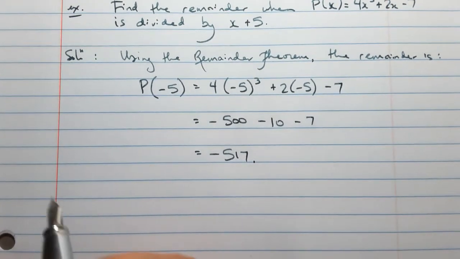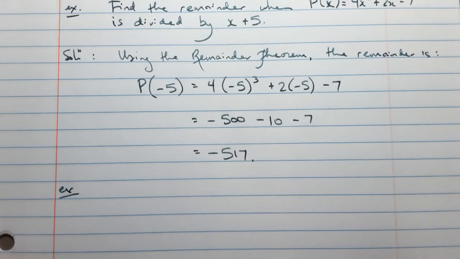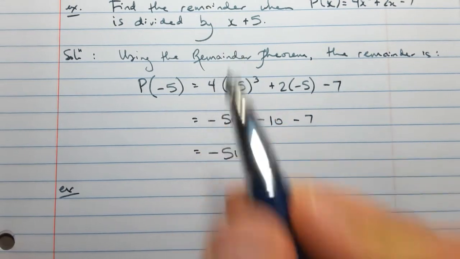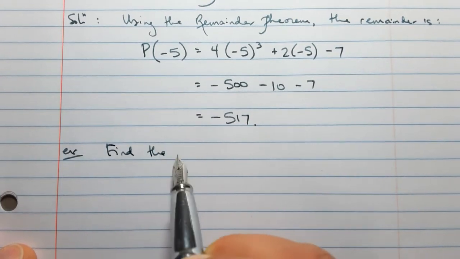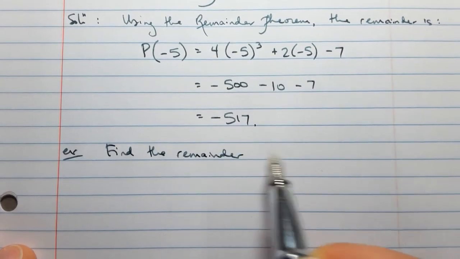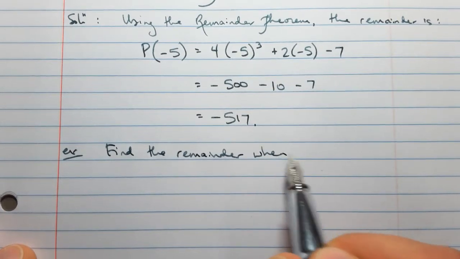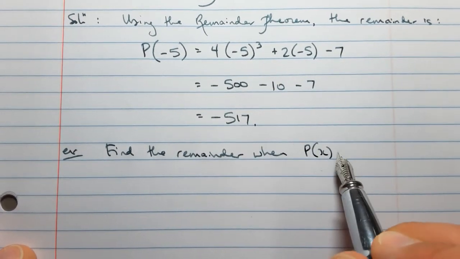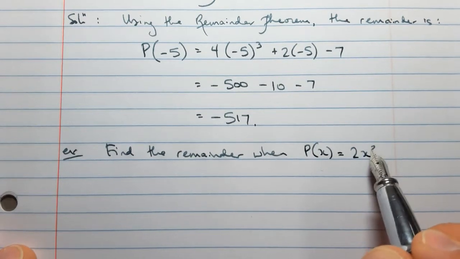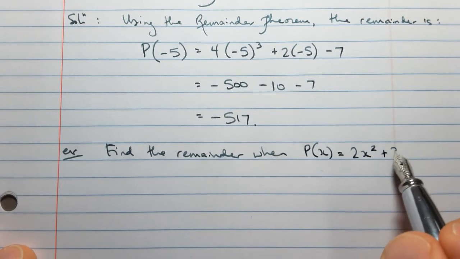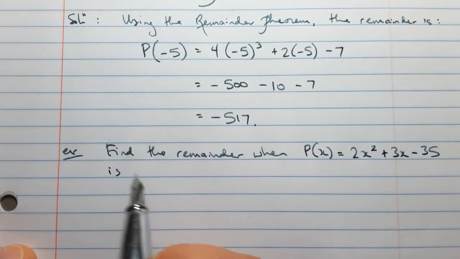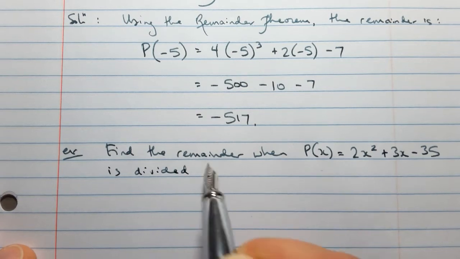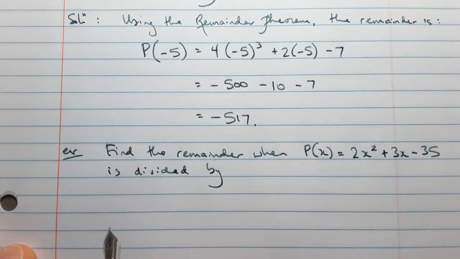Okay, let's do another example. This one where we have a binomial with an a value out front here. So let's find the remainder when, we'll call it p of x again, we'll give it a different definition, 2x squared plus 3x minus 35 is divided by, maybe we'll do this a couple of times.